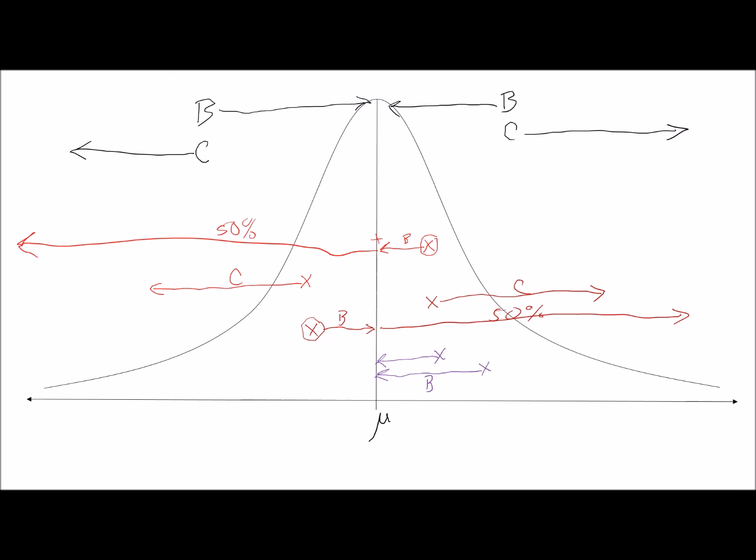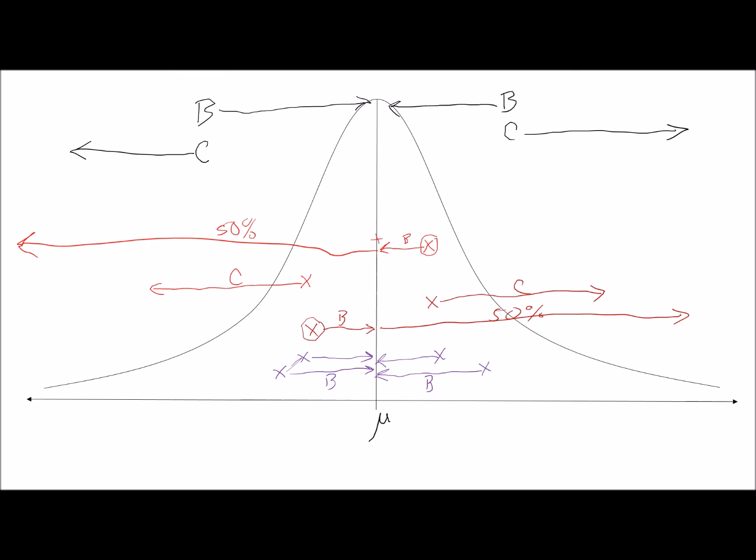Same as if they were both negative z-scores, and you wanted to know how far apart these two are. Again, these are both going to be B, and you subtract the difference. So if they're on the same side of the mean, and you want to know the space in between, or the proportion in between, go B column for both of them and subtract, and that'll give you the difference.